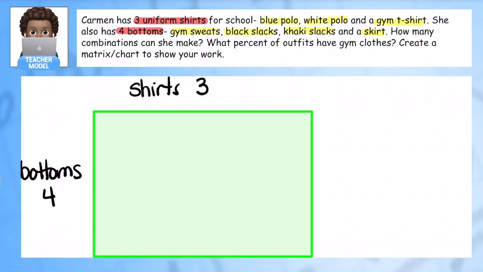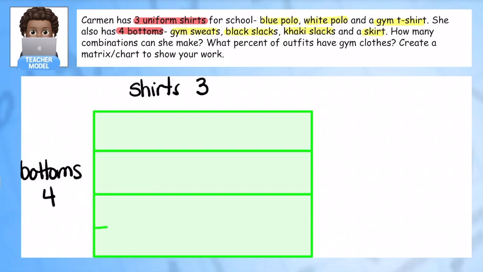And for you at home in your notes, you can either use square grid paper, that can be really helpful, or graph paper for this. And I'm going to split this up so that I have the 4 bottoms. So I'm going to make 4 rows. And I'm going to have 3 columns.